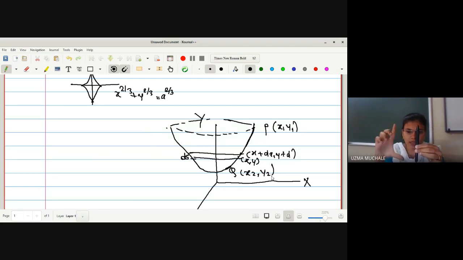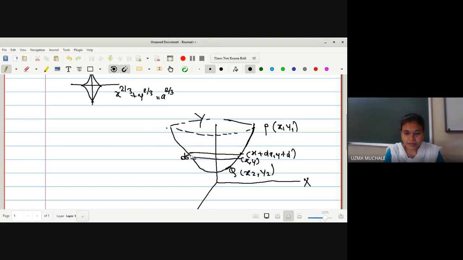We have to revolve that curve about a fixed axis. After revolving it about a fixed axis, you have to imagine what the figure will be. The surface of revolution we get is in 3D space, correct? Because we have a curve in the xy plane and we revolve it about the y-axis, the object we get is a 3D object.